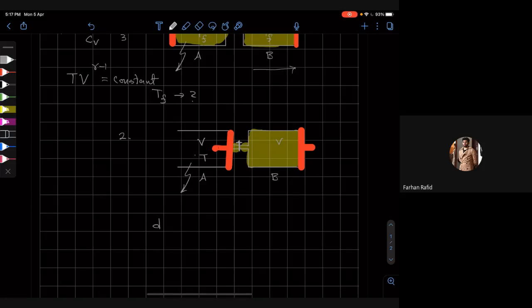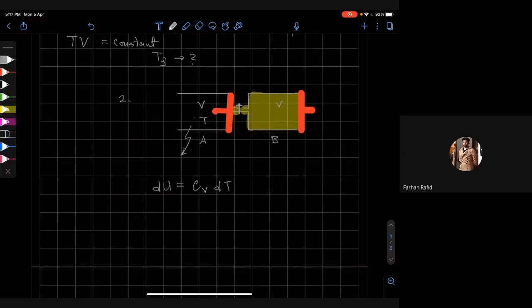And for ideal gases, U is just a function of T, and therefore the change of the internal energy is like this. This is an expression we have for ideal gases. It's not true for gases in general, but this is true for ideal gases, right? So now because we have an adiabatic process, that means that dQ is 0.